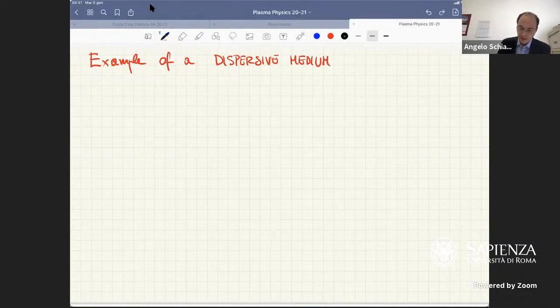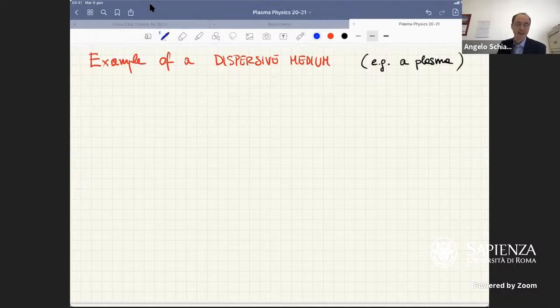We'll see later on, e.g. a plasma, an electrostatic wave or electromagnetic wave in a plasma.